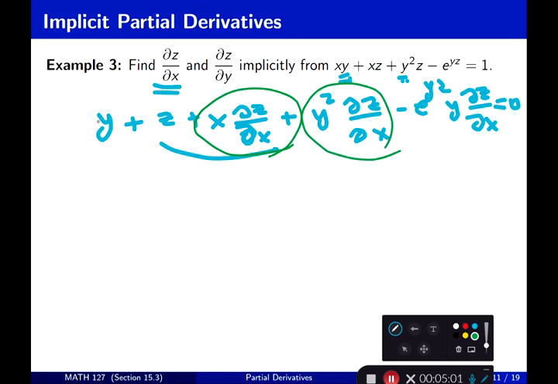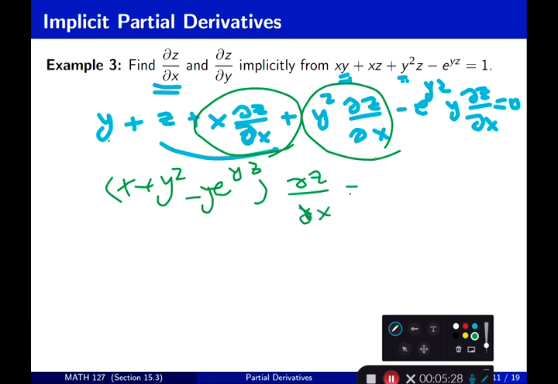So maybe move y and z to the other side and factor the partial of z with respect to x on this side. If you factor, you get x plus y squared minus e to the power yz times y, times the partial of z with respect to x, is equal to negative y minus z.